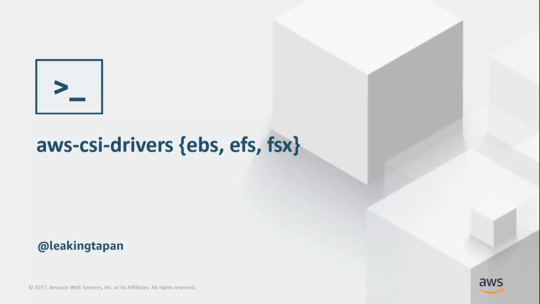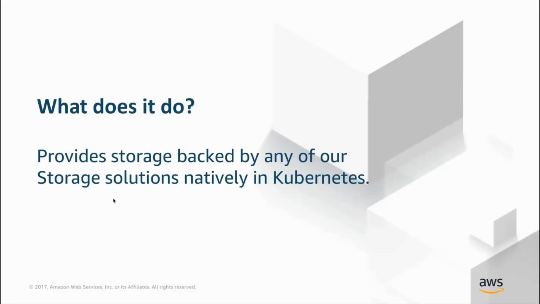So first up is the CSI drivers. And these CSI drivers work for our EBS, EFS, and FSX storage solutions. But first, what is a CSI driver? CSI stands for Container Storage Interface.